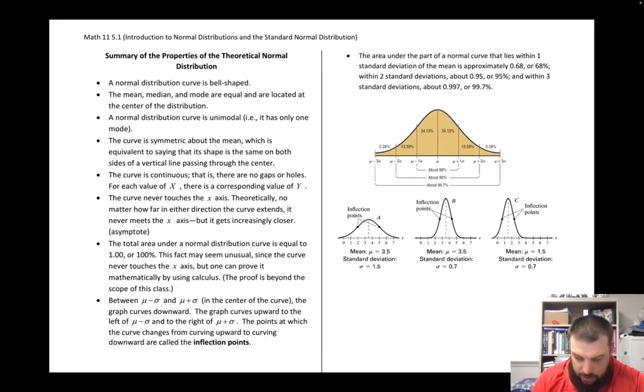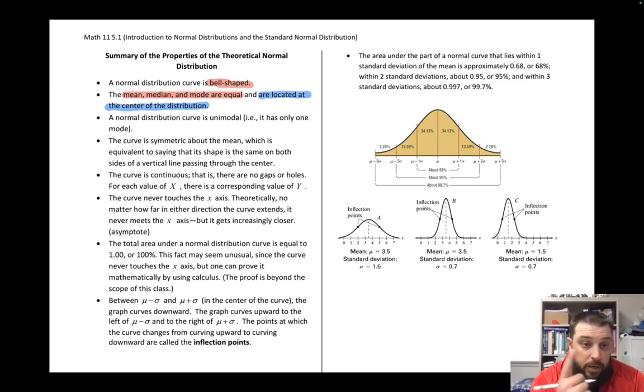Okay, so let's summarize some of these theoretical concepts here. Normal distribution is often called a bell-shaped curve. It's a nice reminder of what it visually will look like. The mean, median, mode are equal, and they're located at the exact center of our distribution.